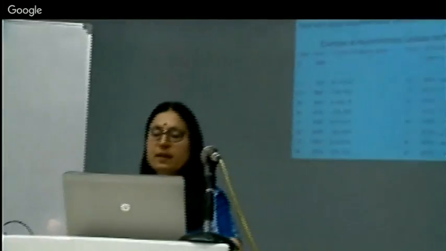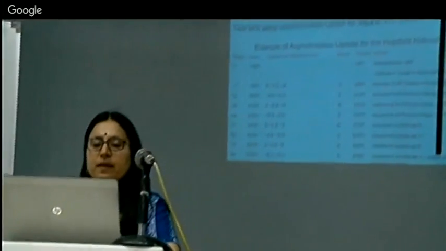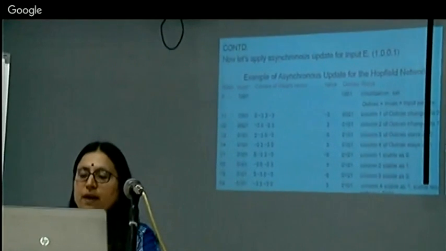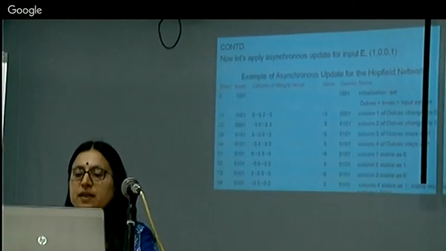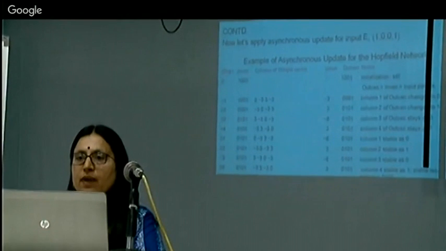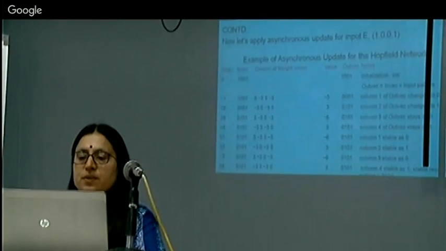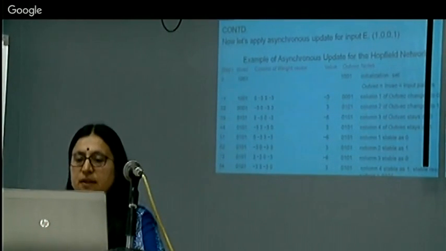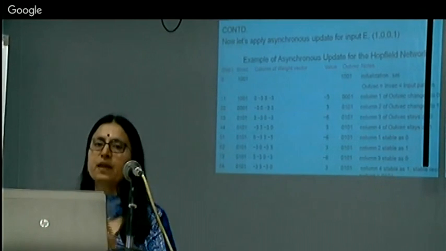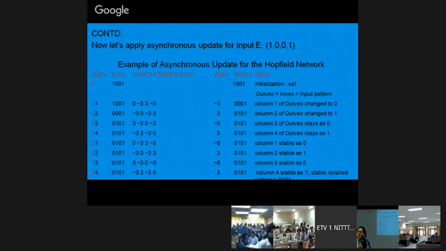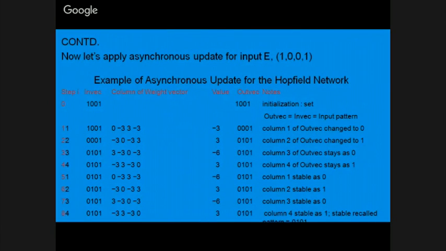Looking at the first step, the input vector is 1, 0, 0, 1, and initially we set the output vector also as 1, 0, 0, 1. That is the initialization.